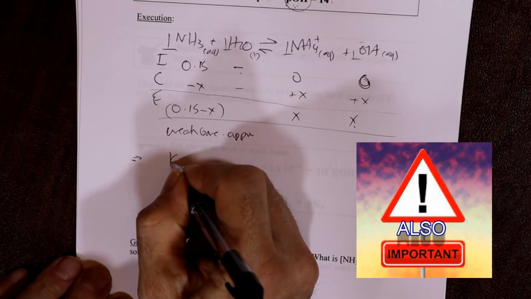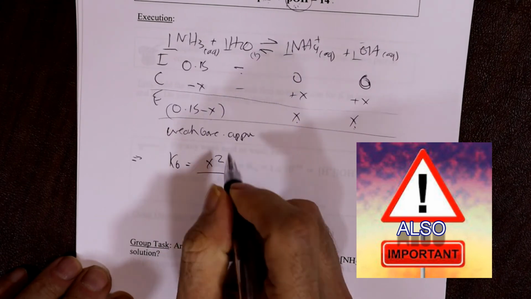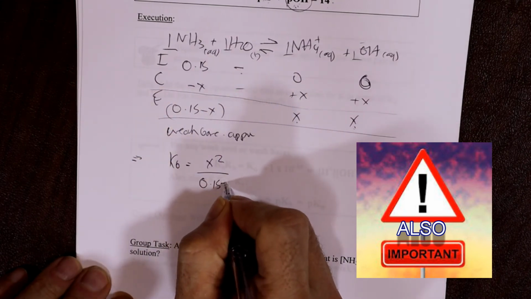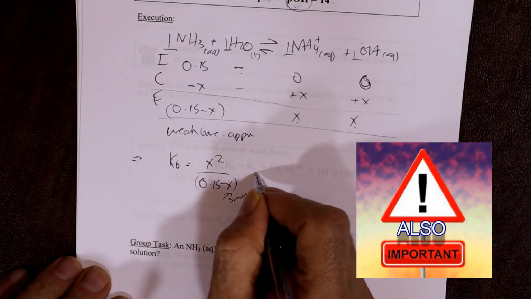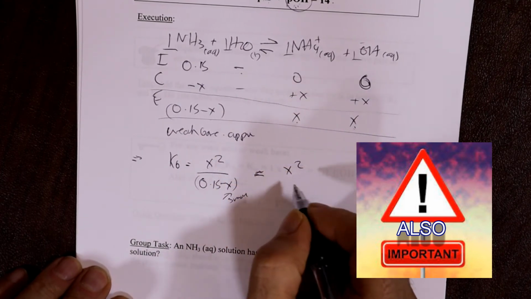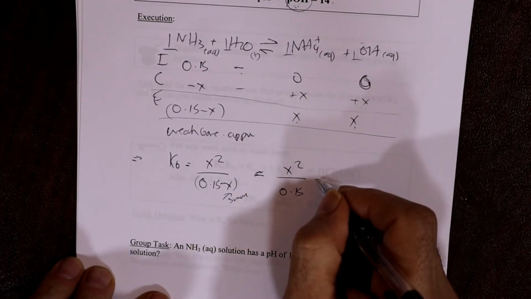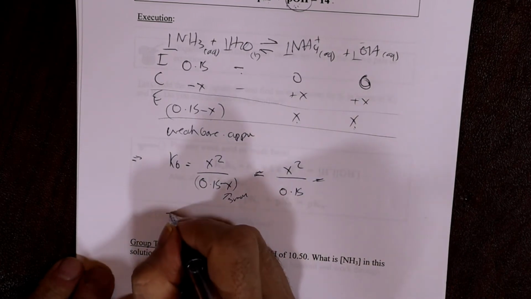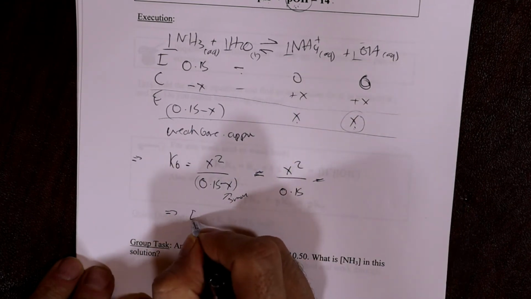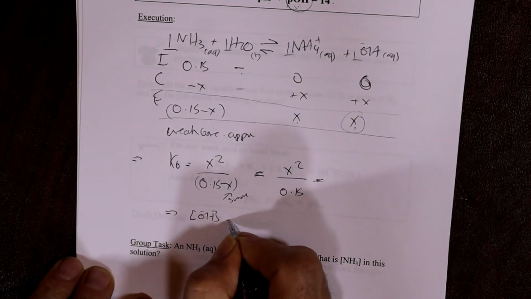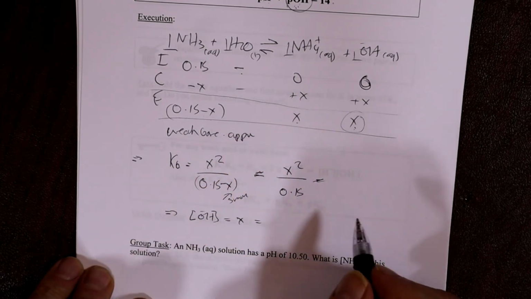Therefore, Kb equals products, x times x, x squared, over reactants, 0.15 minus x, x small, so x squared approximately equal to x squared over 0.15. Therefore, x is the OH minus ion concentration, which equals the square root of Kb times 0.15. Let's put the number on it.